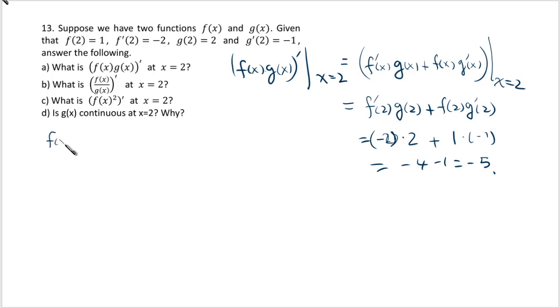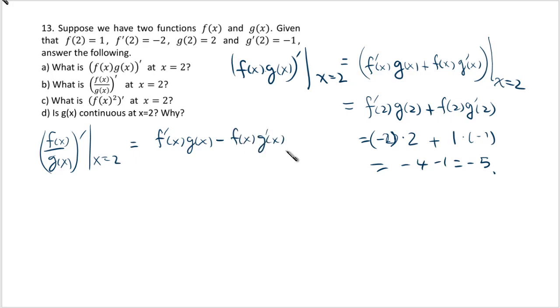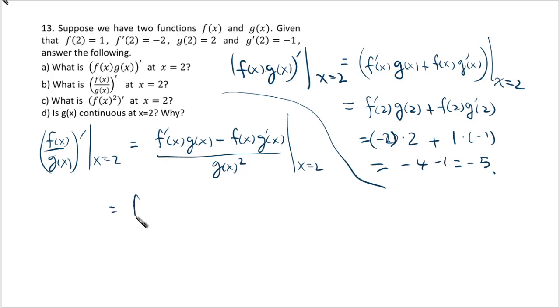Okay, you can do the same thing for the next one. Again, it's a derivative evaluated at some value, and because this is a fraction, you want to write it as f prime of x times g of x, minus f of x times g prime of x, over the denominator squared. And then you have to plug in x equal to 2. So again, it's the same story. f prime of 2 times g of 2, minus f of 2 times g prime of 2, over g of 2 squared.